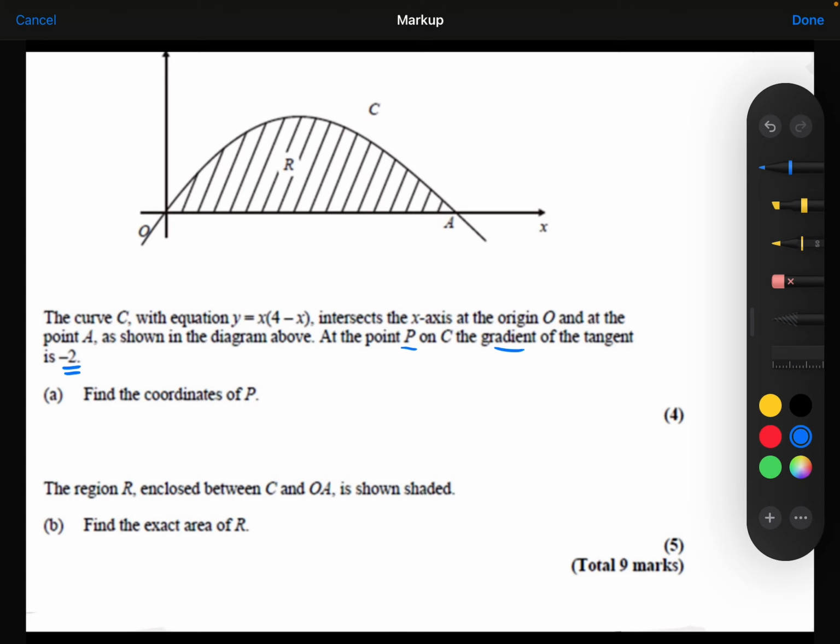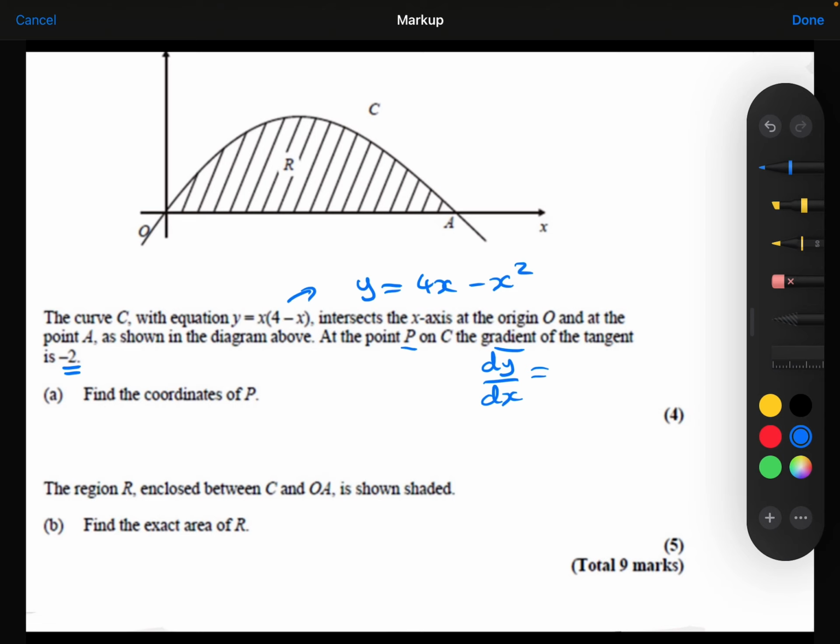So the moment it's talking about gradient, I'm thinking I need to differentiate. But the way this is written at the moment is not particularly convenient for me to differentiate, so let me expand those brackets. So x times 4 is 4x, x times the minus x is minus x squared.